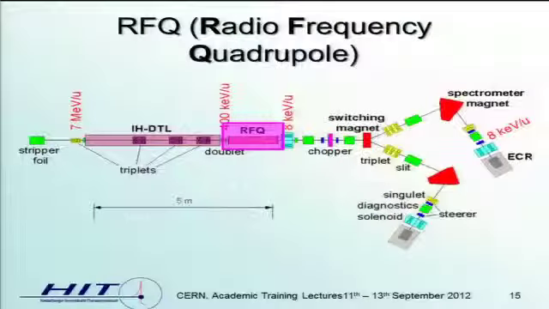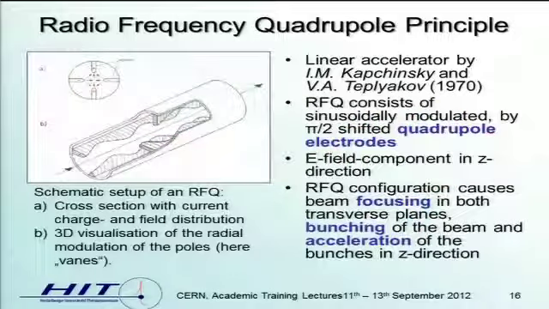So the next part is then the radio frequency quadrupole. This is a sketch of that. This is the cross-section, and this is somewhat of a 3D visualization of the form of the electrodes of the four. They have those sinusoidal structures. This was developed by Kapchinsky and Teplyakov in 1970.